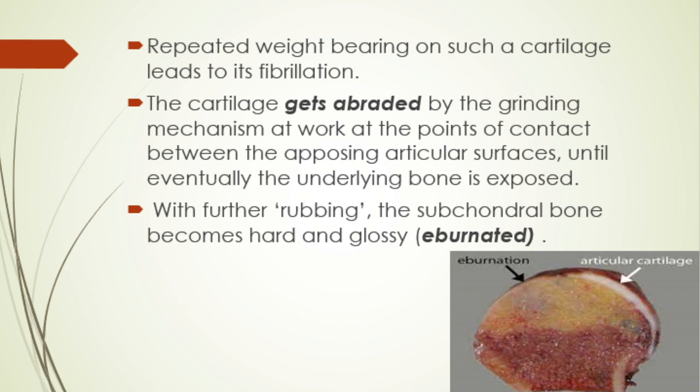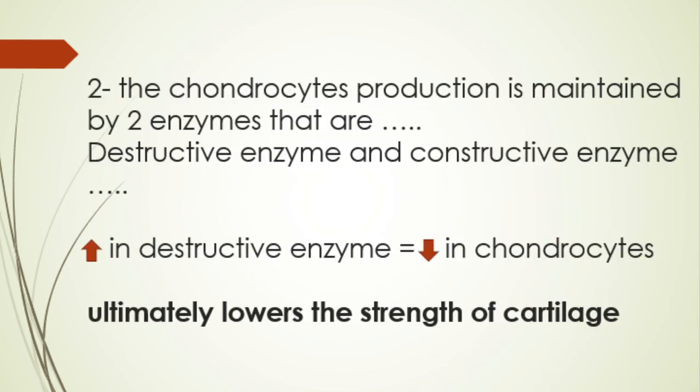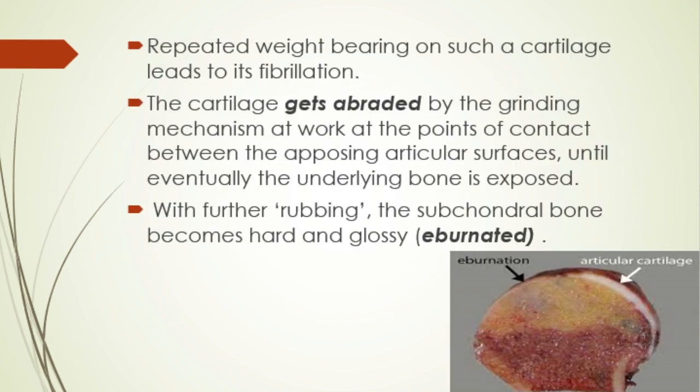Repeated weight bearing on such cartilage leads to its fibrillation. It is but obvious that as the cartilage is getting weak due to the above reasons, that is, decrease in proteoglycans and decrease in chondrocytes, the repeated weight bearing on this weak cartilage will lead to fibrillation.